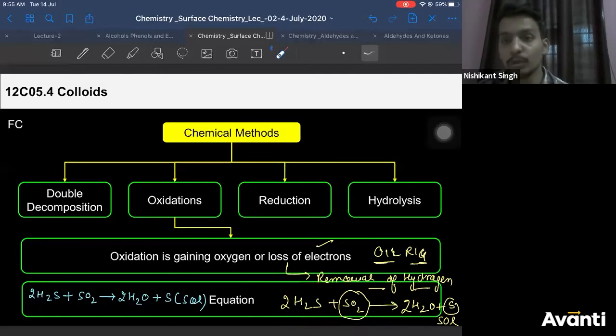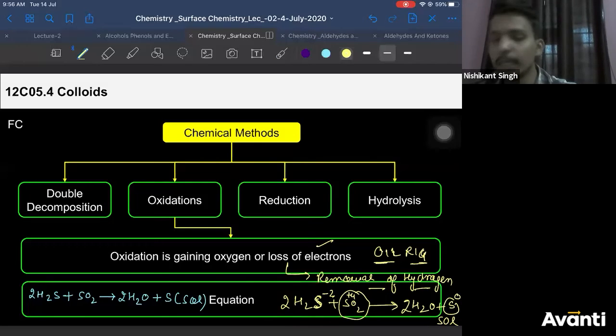So you should see here, if you go by oxidation state, sulfur here is -2. So sulfur is going from -2 to 0 oxidation state. So -2 to 0 is oxidation. Here sulfur is +4. From +4 it is going to 0. So sulfur is getting oxidized as well as reduced, right?